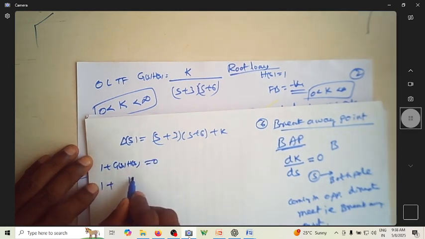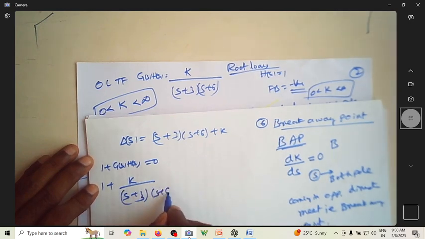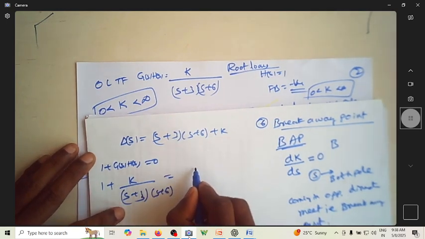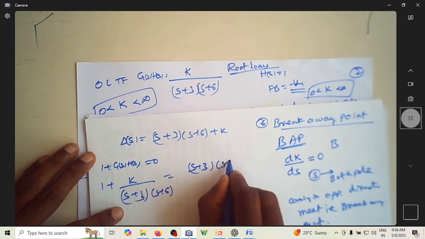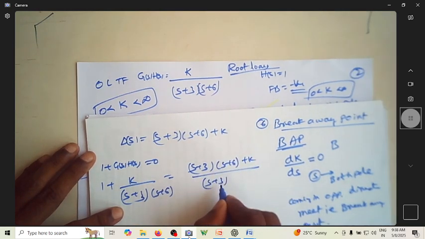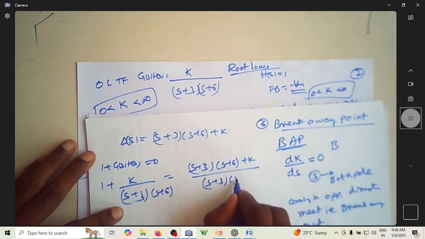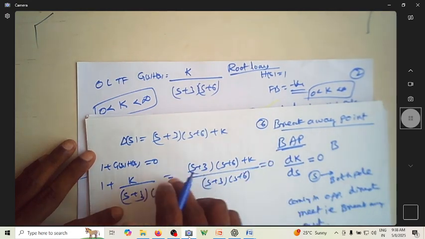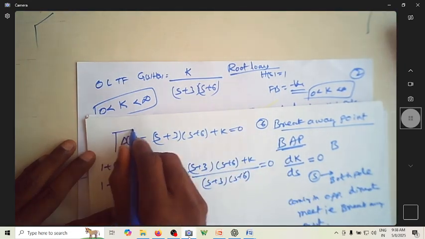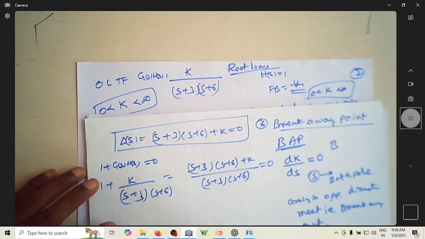It is now 1 plus k into (s plus 3) and (s plus 6). Take the LCM. It is (s plus 3)(s plus 6) plus k divided by (s plus 3)(s plus 6) equal to 0. When you are equating these to 0, you will get this as your characteristic equation.